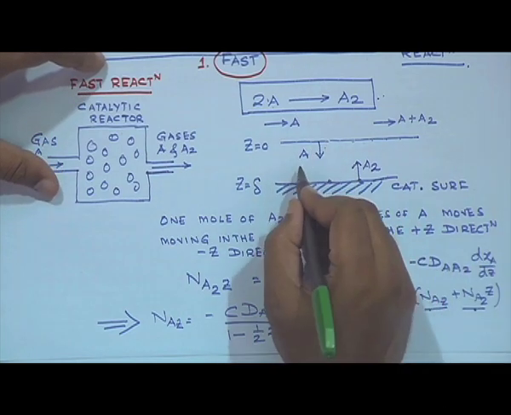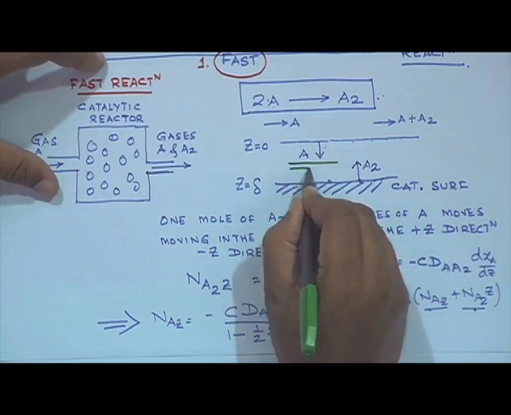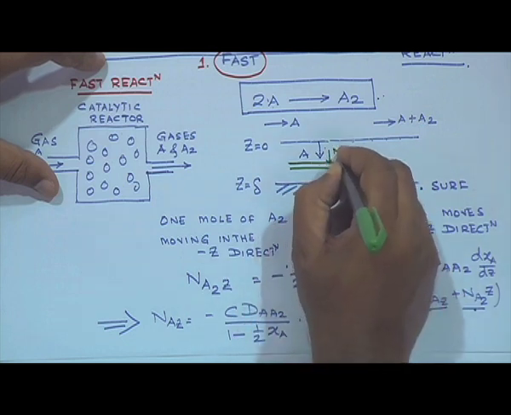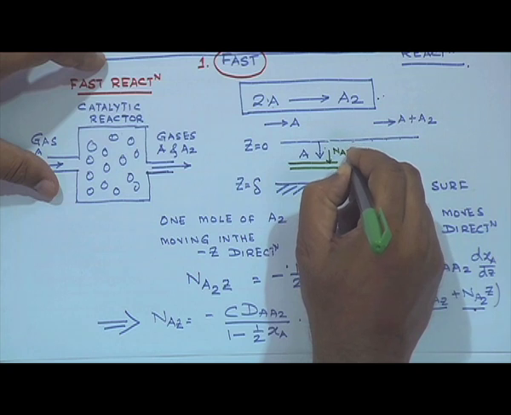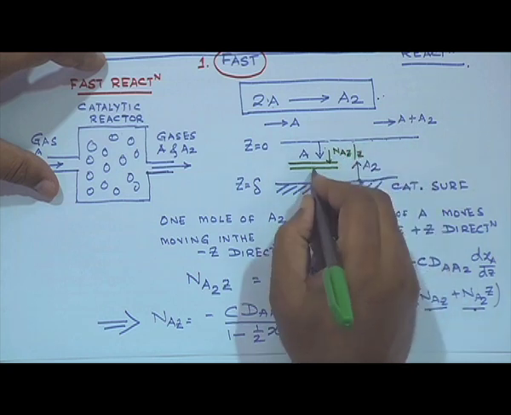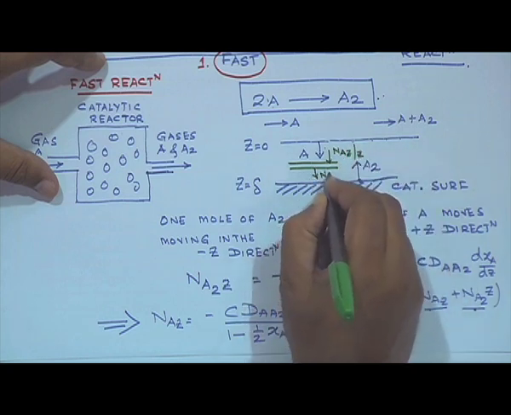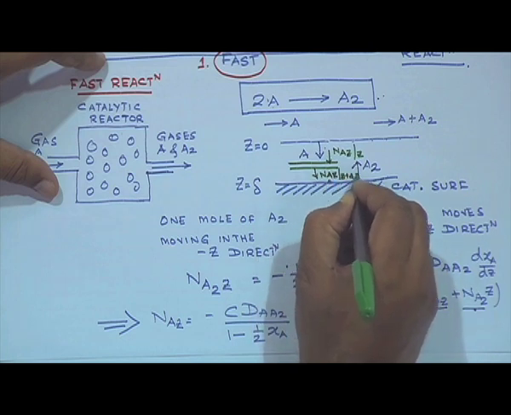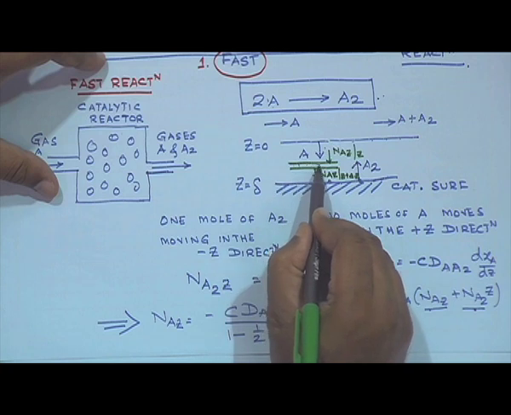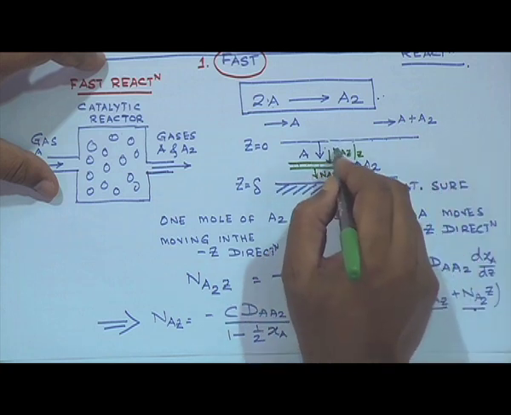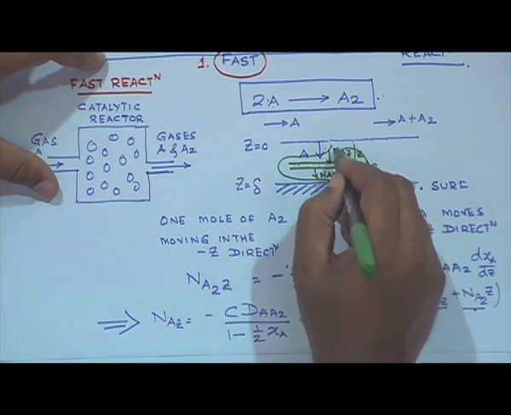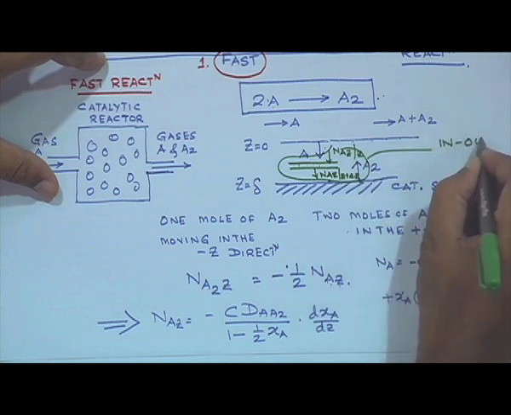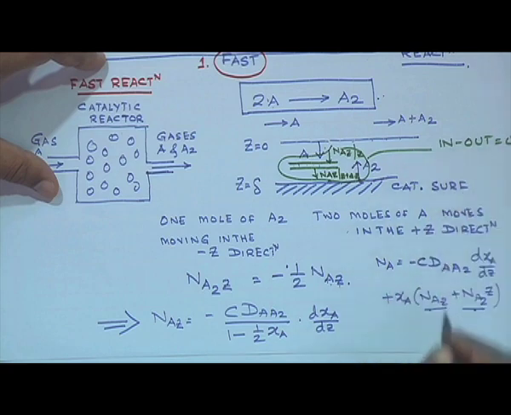As before, I can think of a thin shell over here, and N_A is coming in as N_A,z at z, and the one that goes out would be N_A,z evaluated at z plus delta z. Since no reaction is taking place in here, the equation, in minus out at steady state, would be equal to 0.